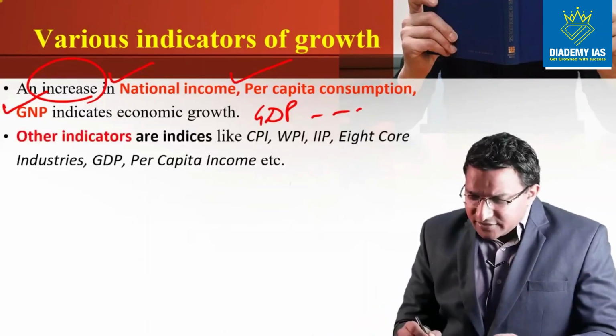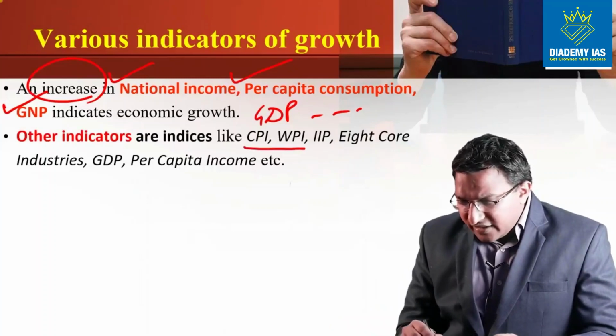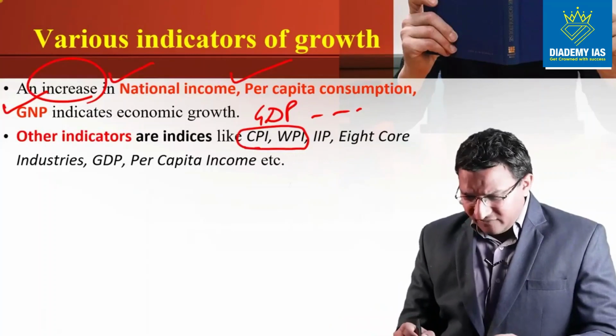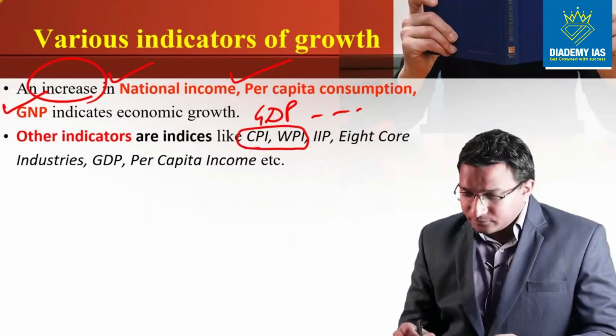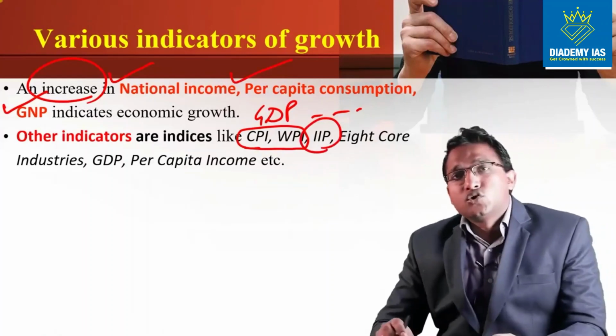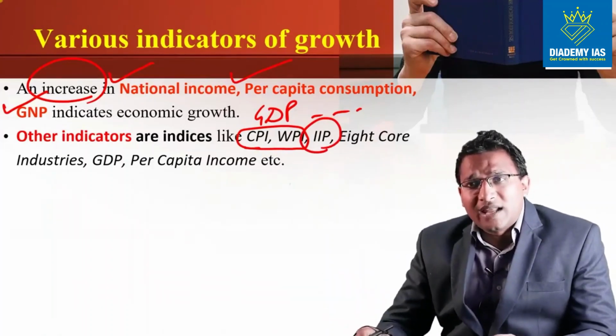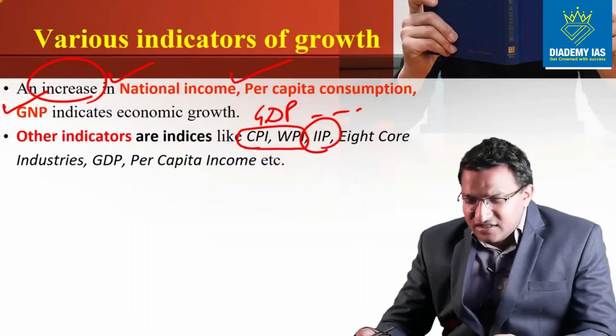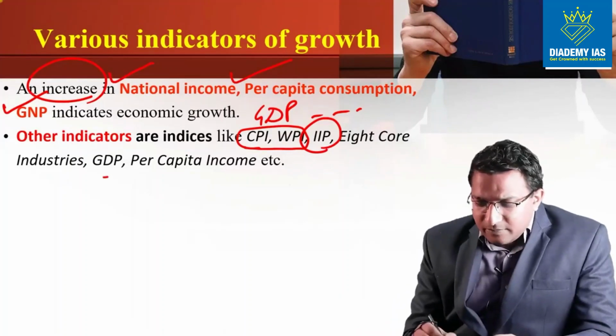There are other indicators, CPI, WPI, that is the inflation. So inflation is also one of the ways. IIP, that is the index of industrial production. This is one way we calculate growth, because if there is growth in the industrial sector, then this IIP will be increasing. Then GDP, per capita income.